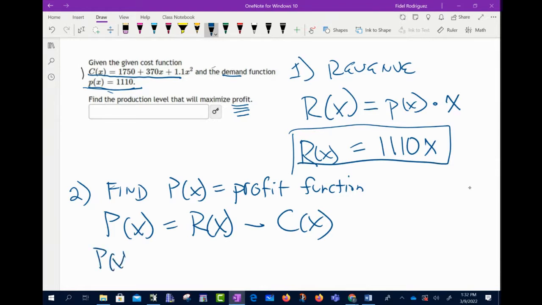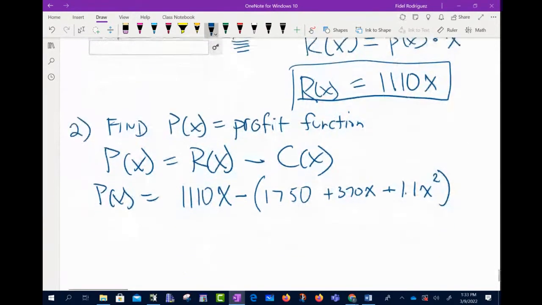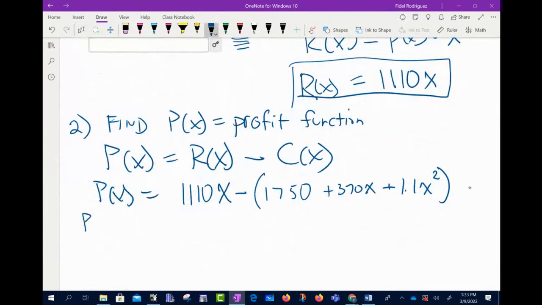P of X is equal to the revenue function, which we said was 1,110x, minus the cost. Now, guys, I'm going to write this in parentheses because I am subtracting the entire thing here. So 1750 plus 370x plus 1.1x squared. And we're going to worry about combining like terms here.